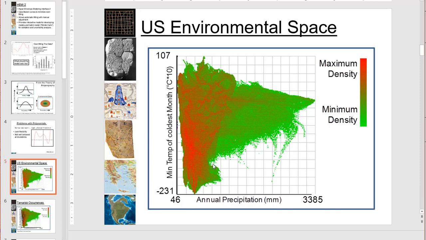I found it fascinating that the US has this pointed, arrow shape, where we have a very small area that has the highest precipitation, across a very narrow range of middle but higher temperatures. So this interesting shape is actually a histogram of the US environmental space.